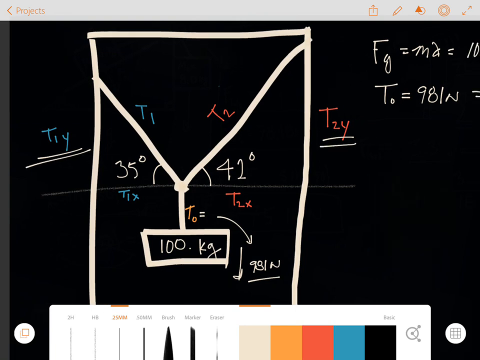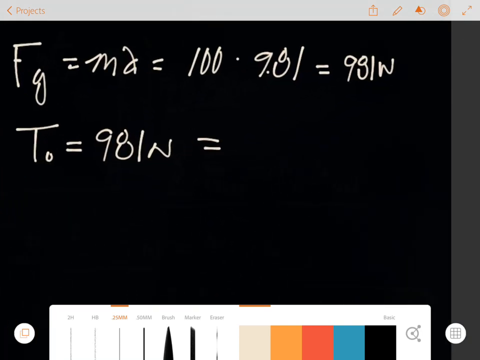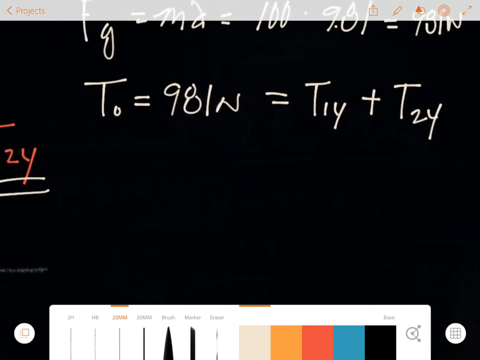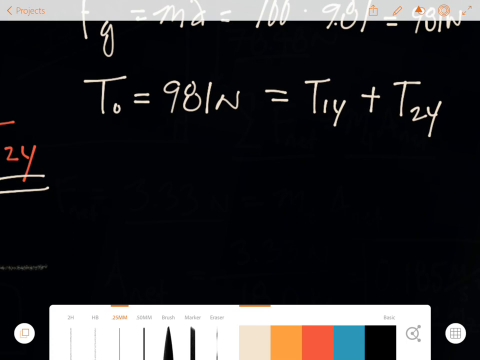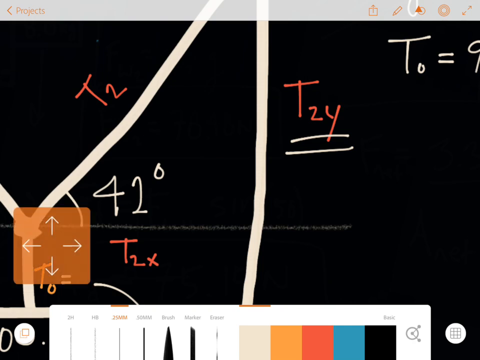So we can write the initial tension T0, 981 newtons, is equal to T1y plus T2y. The y components of the two tensions of the cables are being added, and that's equal to the initial tension we have at the bottom there. Awesome.